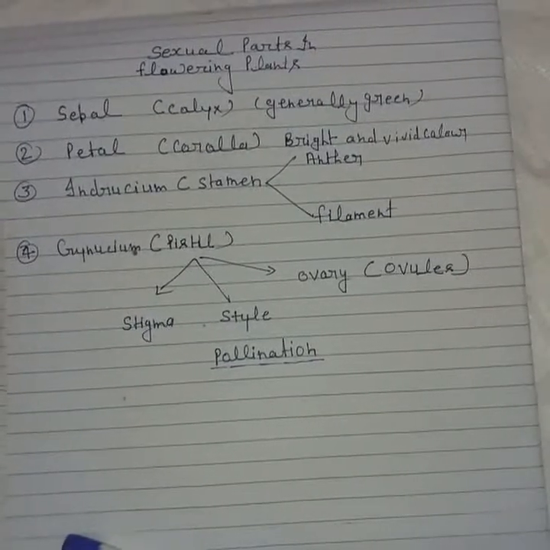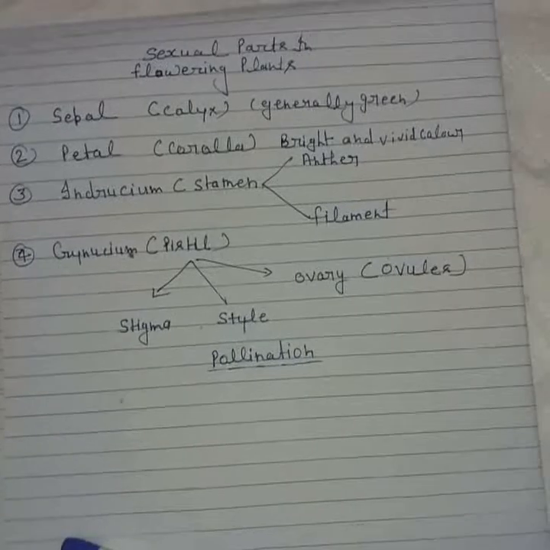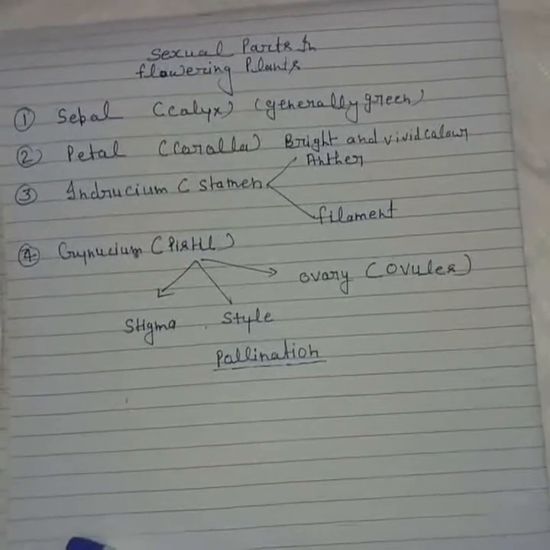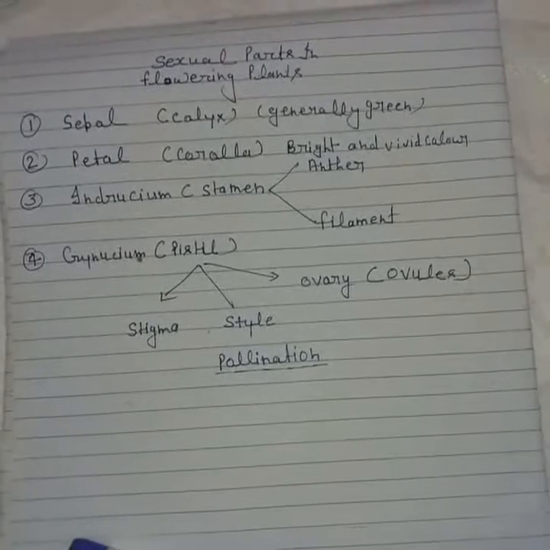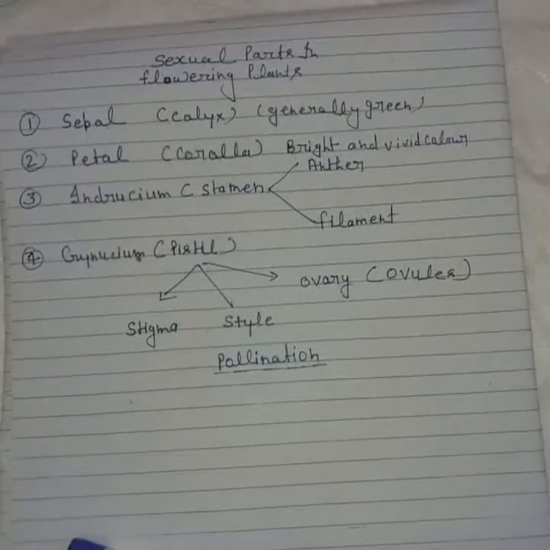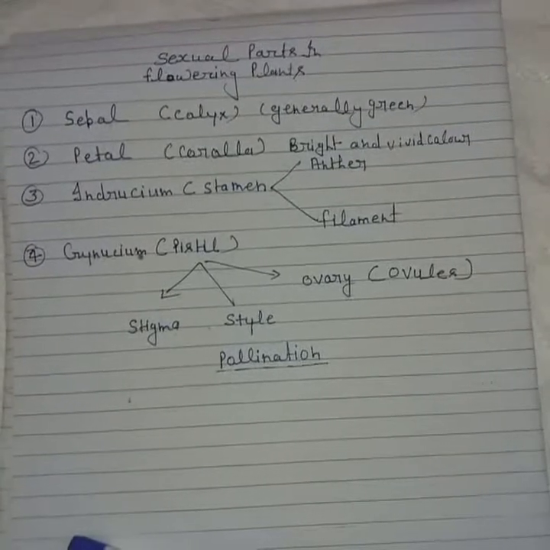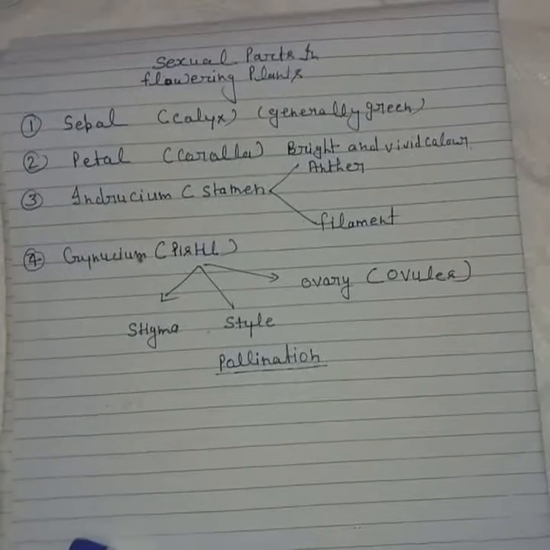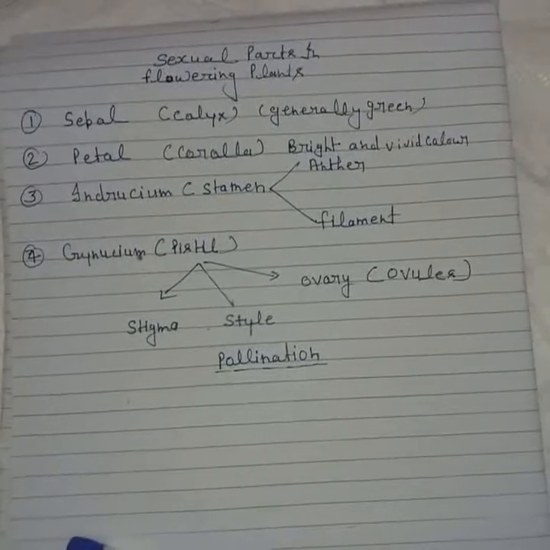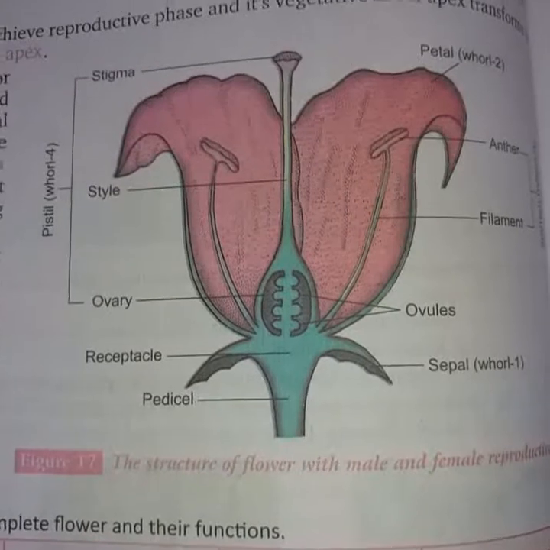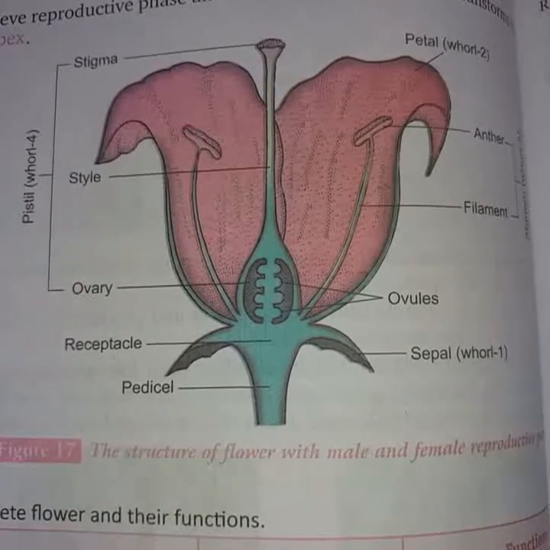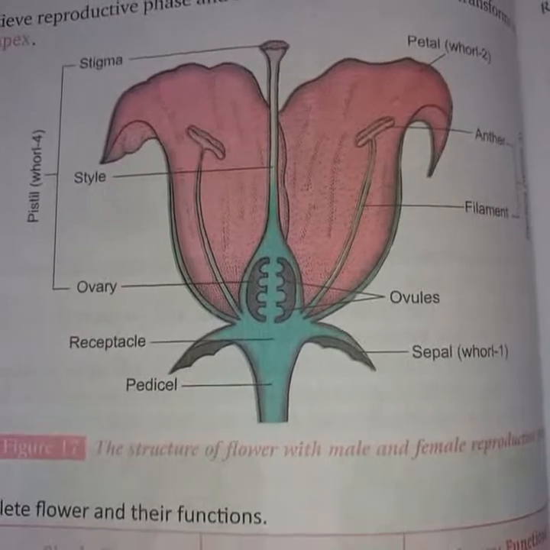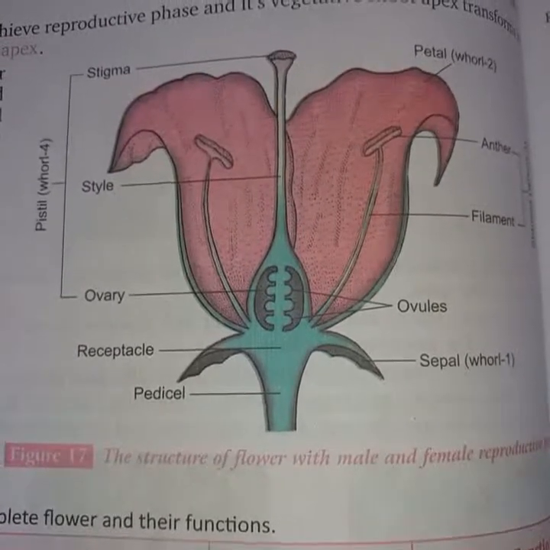The next important reproductive part is the androecium. It is the male part of the flower. Next is the gynoecium. It is the female part of the flower. So this is the structure of a flower with male and female reproductive parts.